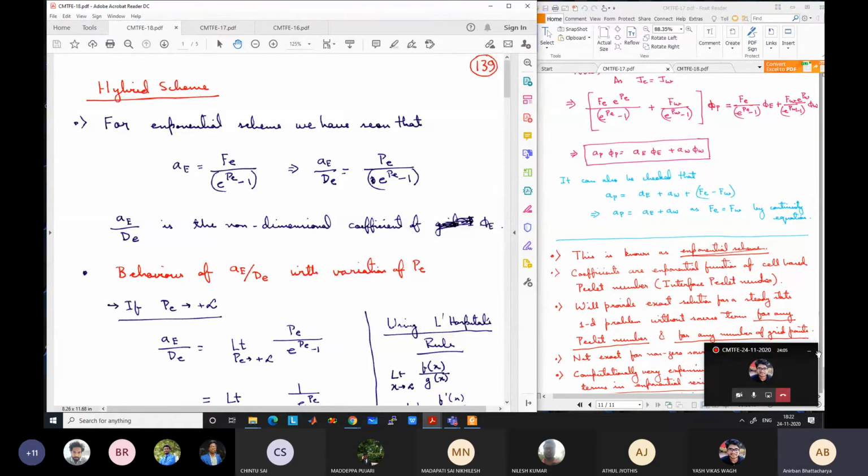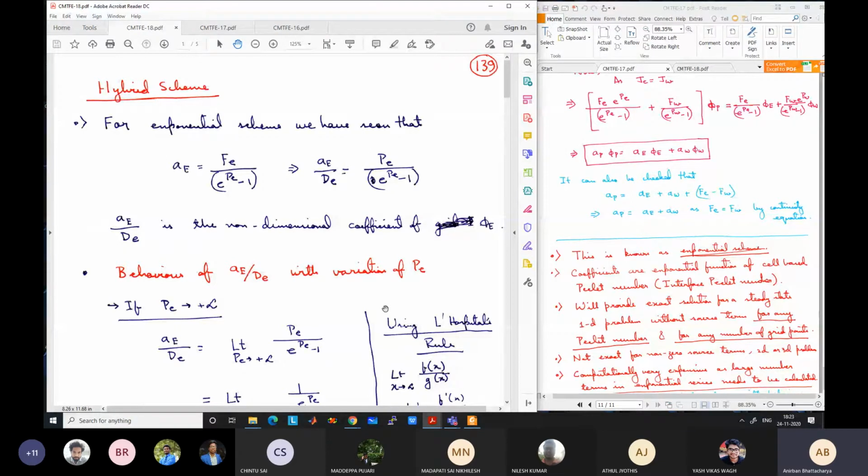So the first of these schemes is known as the hybrid scheme. Why is it called hybrid? Because conceptually it is a combination of the upwind scheme and the central difference scheme, as we are going to see, and mathematically it is a combination of 3 straight lines. Based on 3 straight lines, it mimics the nature of the exponential curves.